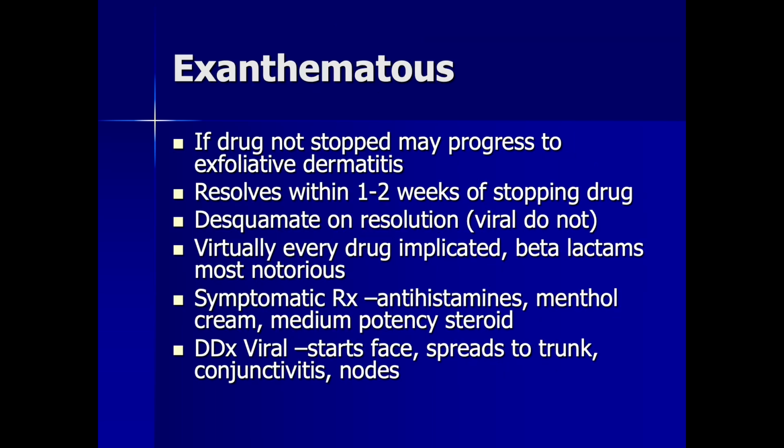If the drug's not stopped, then exanthematous drug eruptions may progress on to produce something called exfoliative dermatitis. But assuming the drug is identified and it's withdrawn, the rash tends to resolve over the course of a week or two. Very often there will be desquamation on resolution.